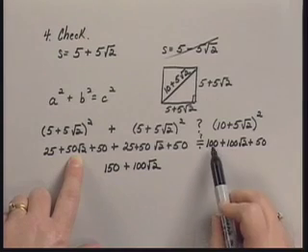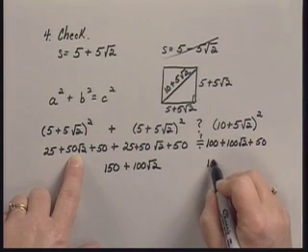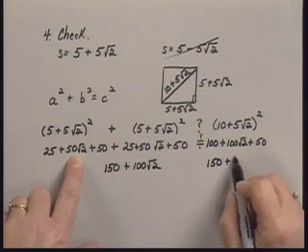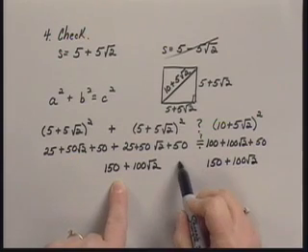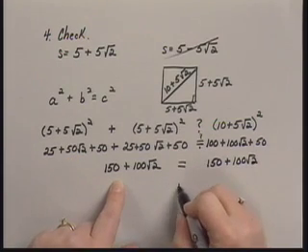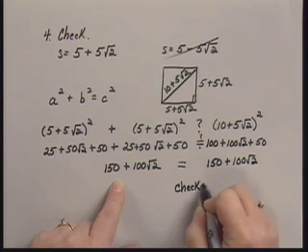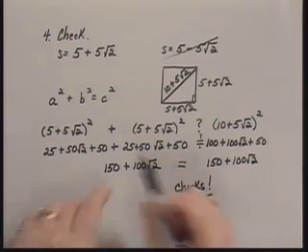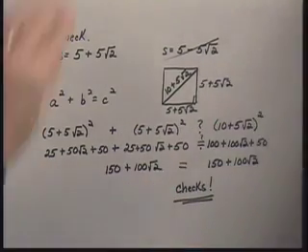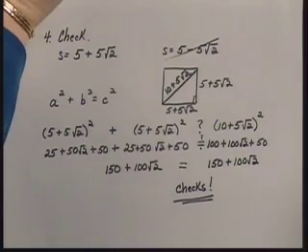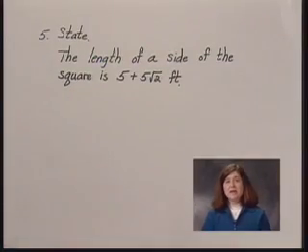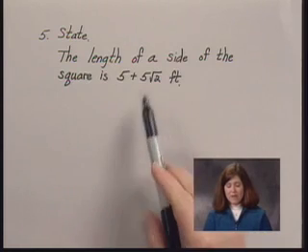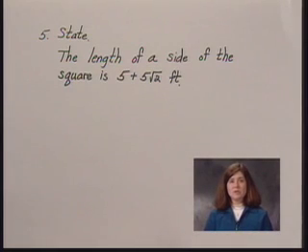And on this side I have 100 plus 50, which is 150, plus 100 square root of 2. These are exactly the same. They are equal, so this does check. And we have a solution, and we can state then, using the correct units, that the length of a side of the square is 5 plus 5 times the square root of 2 feet.